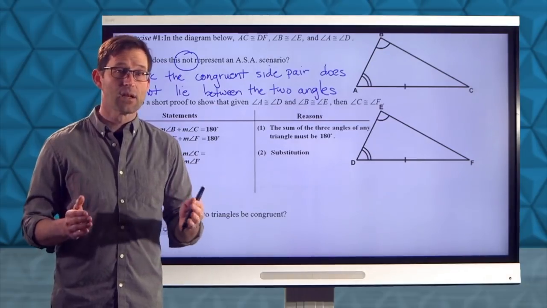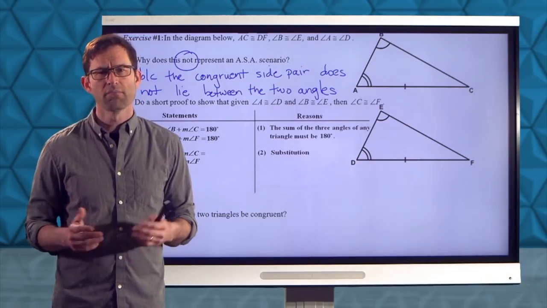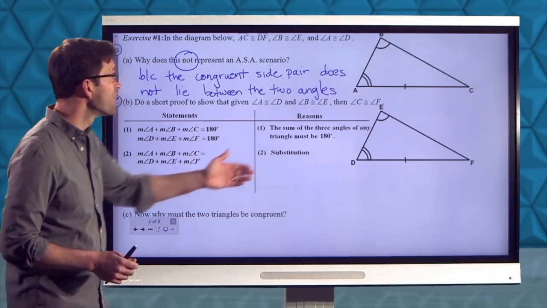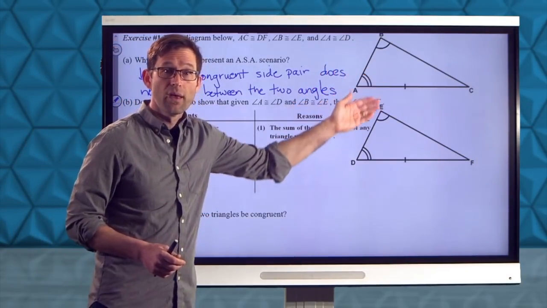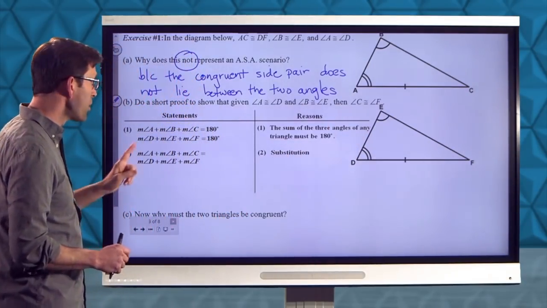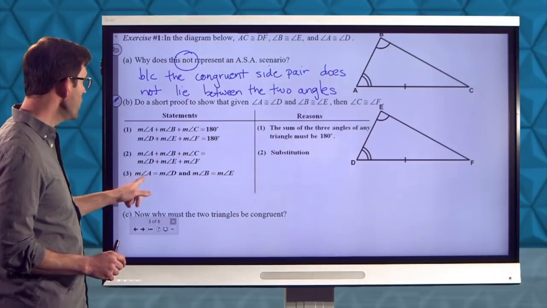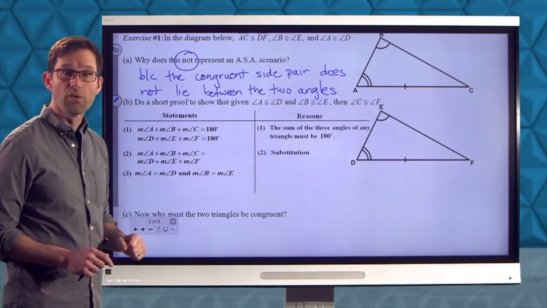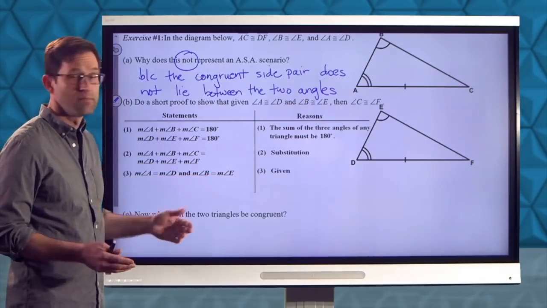Some people might insist on calling it the transitive property of equality. I question whether it's needed. But I can obviously say the sum of the angles of this triangle is equal to the sum of the angles of this triangle. But remember what we knew. We knew that the measure of angle A was equal to the measure of D, and we knew the measure of B was equal to the measure of E, because that was given.